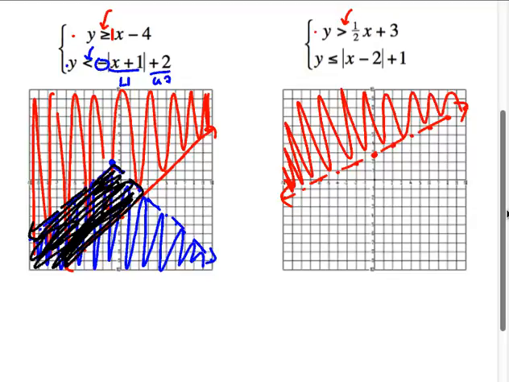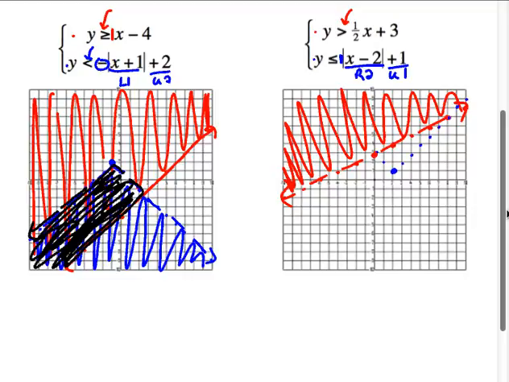So now that I have that, now I can graph my second one. This is an absolute value, so of course that means that we're going to be looking at a V shape. This is going to shift it to the right 2 and up 1. So my vertex is going to be sitting right there. Slope of 1, so up 1 over 1.